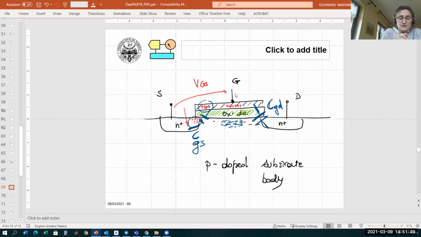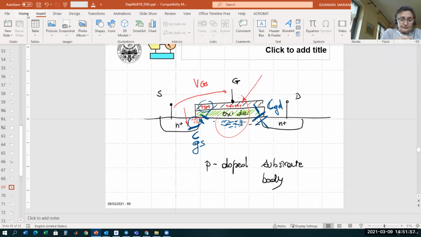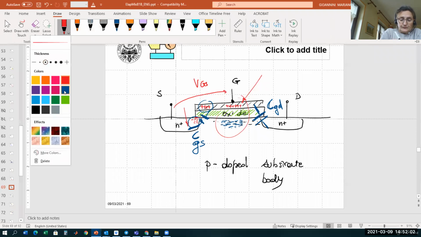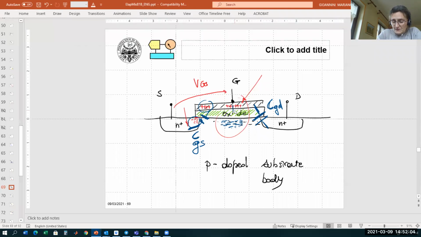And also in this case, it turns out that this is a capacitor. Therefore, you have an equivalent capacitance that we indicate as C_GB, between the gate and the body or the substrate.